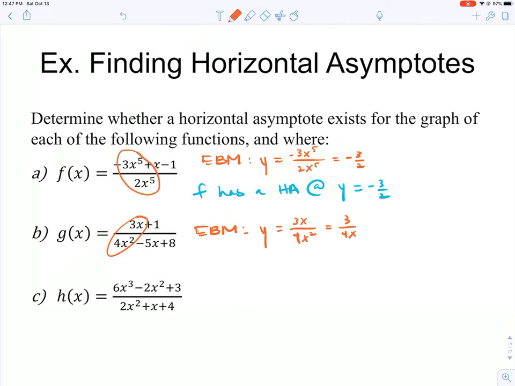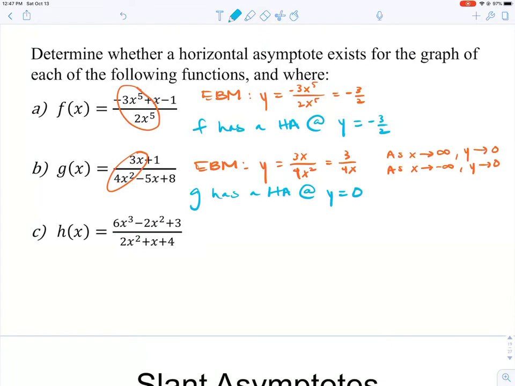And that's because as x becomes infinitely large, as x approaches infinity, y would approach 0. Same thing as x approaches negative infinity, y would approach 0. So we can say g has a horizontal asymptote at y equals 0. And in this case, the degree of the numerator was less than the degree of the denominator.